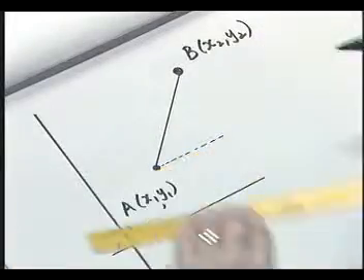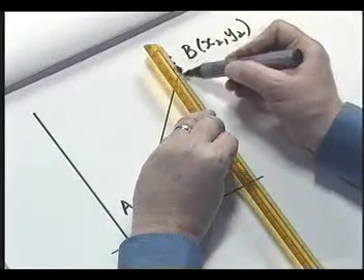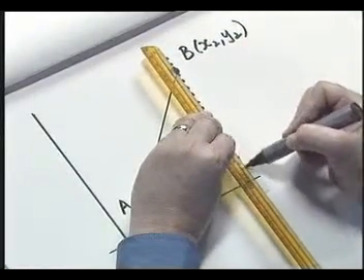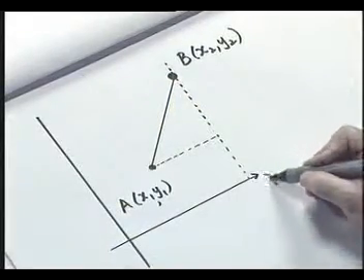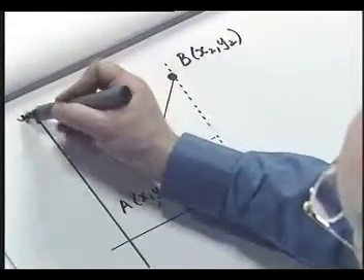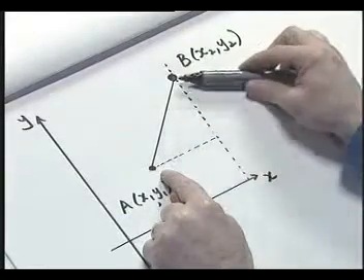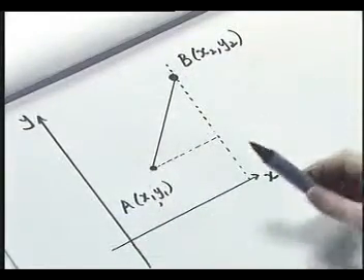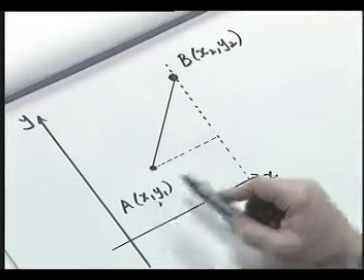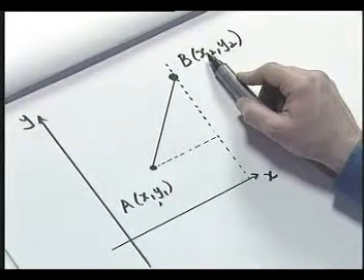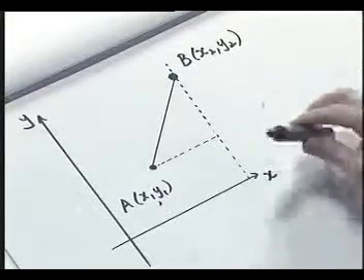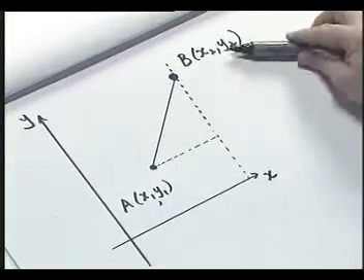Let me put in a horizontal line through A and a vertical line through B. So there's my x-axis, there's my y-axis. As we move from A to B, x changes from x1 to x2. Y changes from y1 to y2.